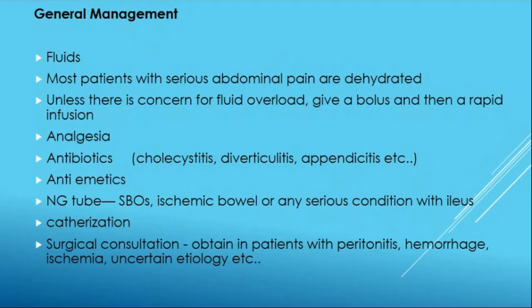Metoclopramide acts on the dopamine receptors. It's a prokinetic, but don't give a prokinetic to patients with intestinal obstruction, you're worsening the problem. Phenergan acts on acetylcholine. So we have to have some basic pharmacology knowledge to decide which antiemetic to start.